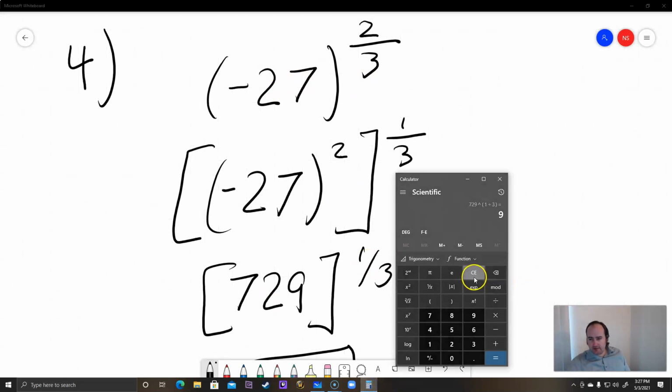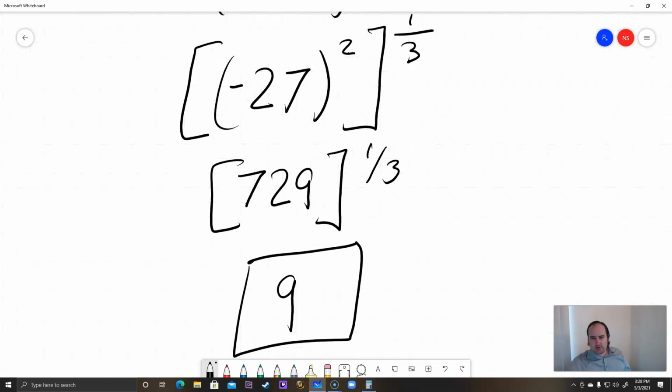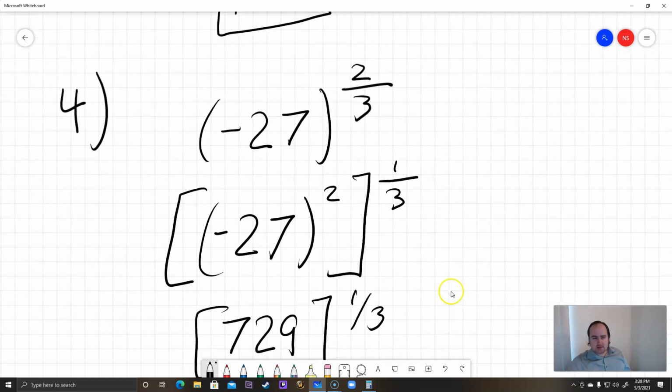On this calculator that comes with the computer, we do parentheses, negative 27, end parentheses, and then we press the exponent button, and then parentheses, 2/3, so 2 divided by 3, end parentheses, and then press enter. And that gives us 9. So if we type that into our calculator right away, we get to skip all these steps, and it gives us the answer right away, which is really fast. Okay, so that's pretty nice.